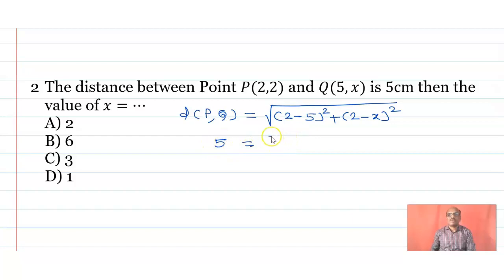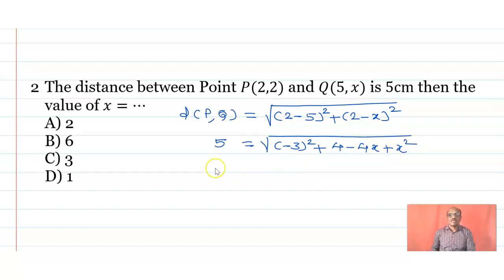Okay, now we'll solve this here. 2 minus 5 means what? -3. -3 square plus (2 minus x) whole square. Expand this, that is 2 square, म्हणजे किती येणार? तर 4 येणार. 2 into 2 into x, that overall you will get 4x, so minus 4x plus x square.